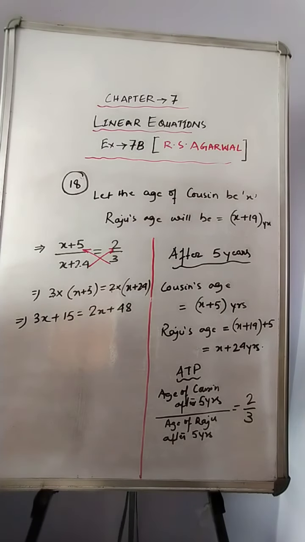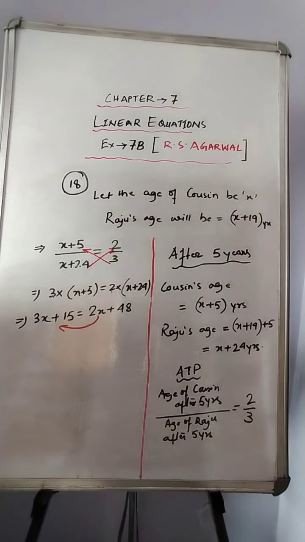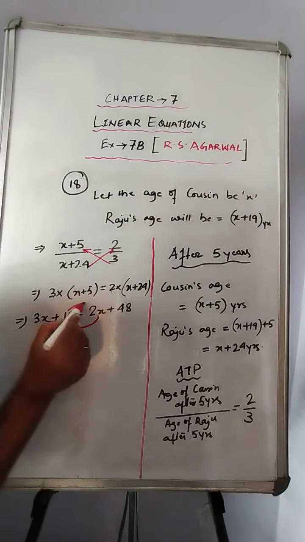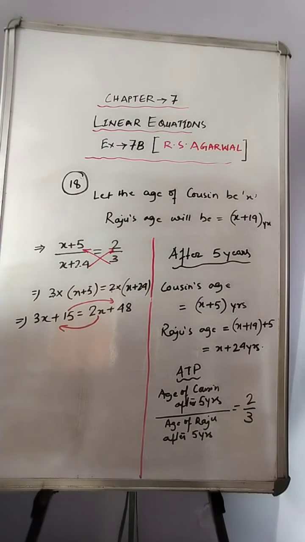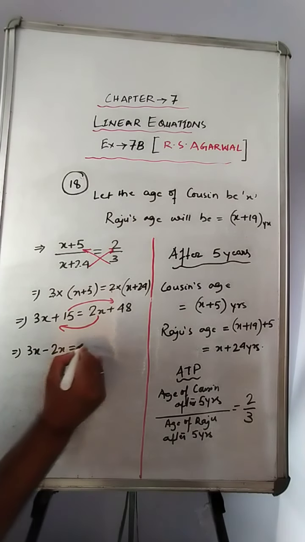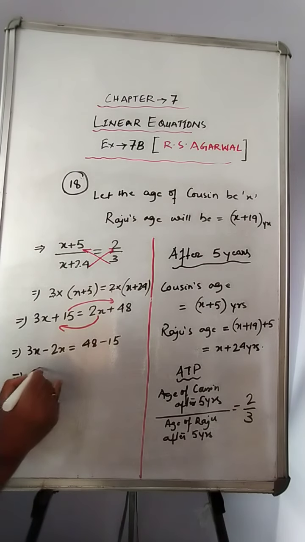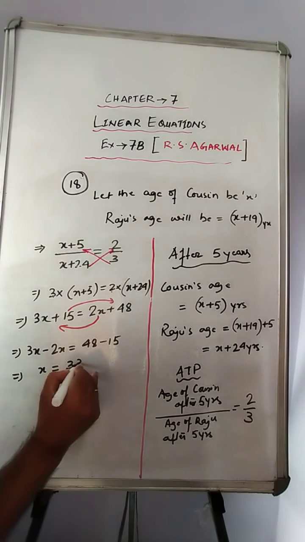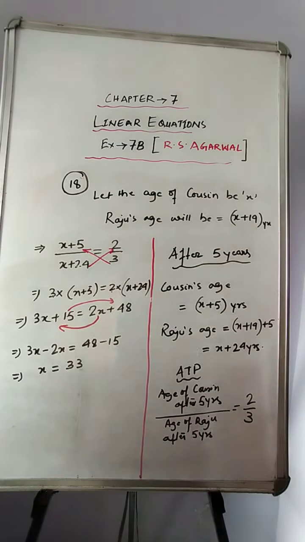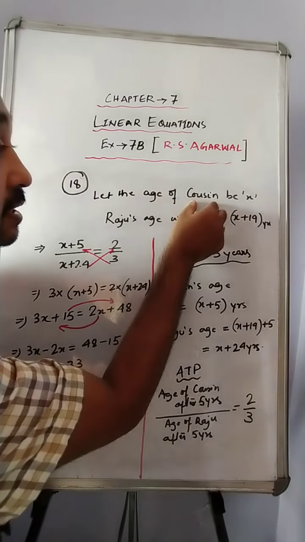Now we'll transpose this 2x towards the left hand side and take the constant term towards the right hand side. So it will look like 3x minus 2x equals 48 minus 15, so x is equal to 33. x was taken as whose age? The cousin's age.